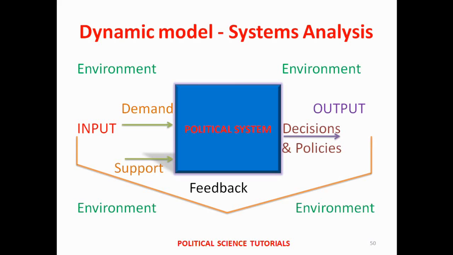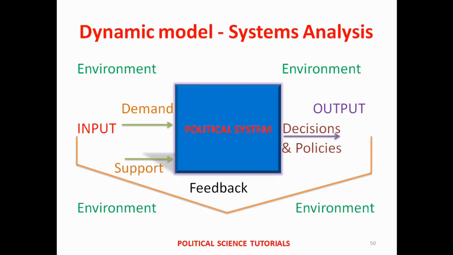Step 3, these decisions will interact with the environment in which the political system has already enacted, and produce change in the environment. The reaction of demand and support groups is normal.